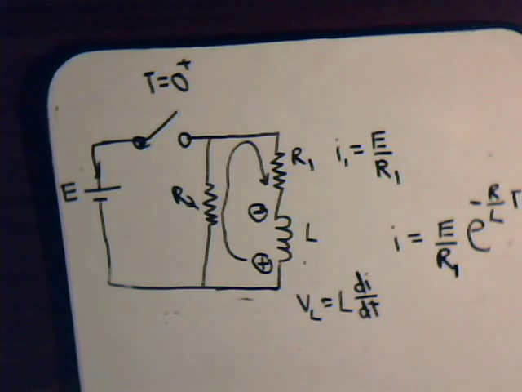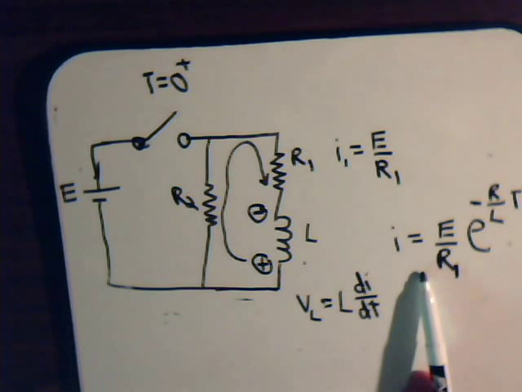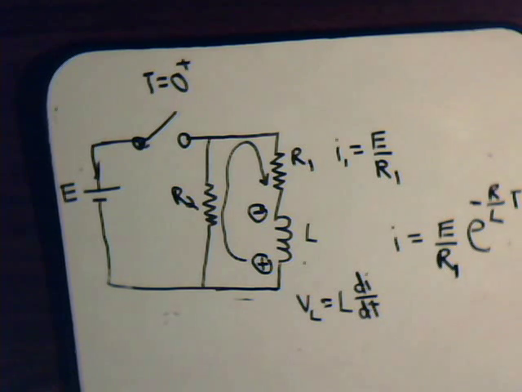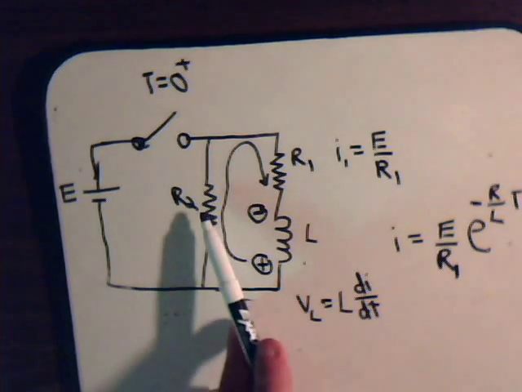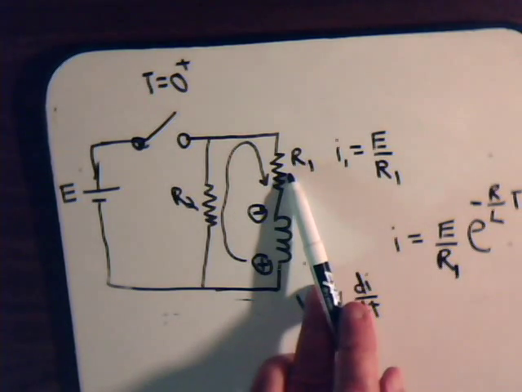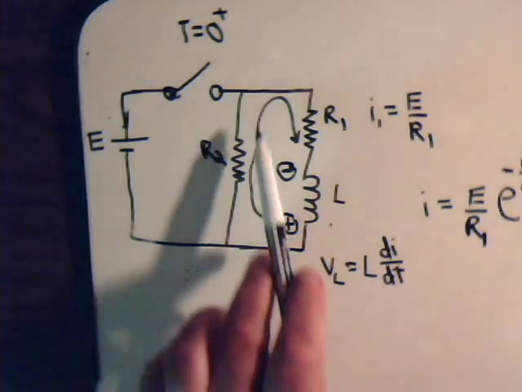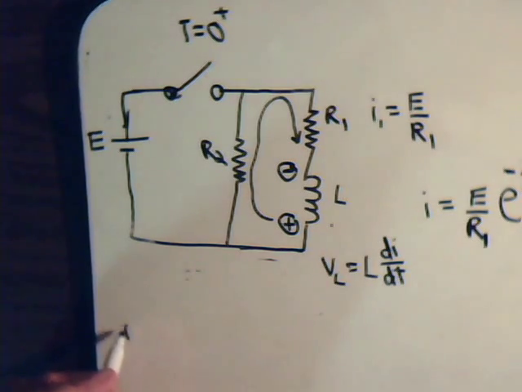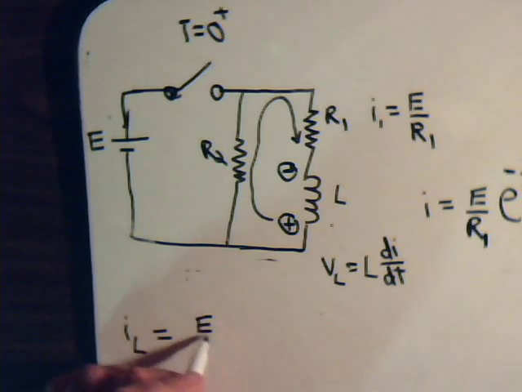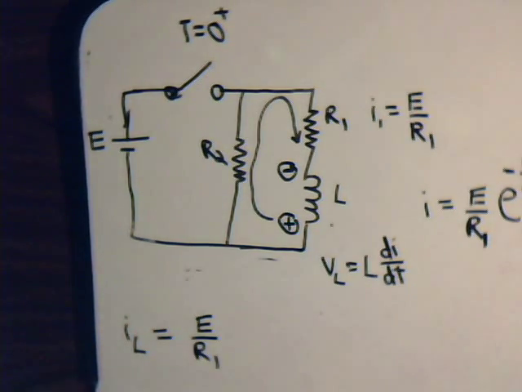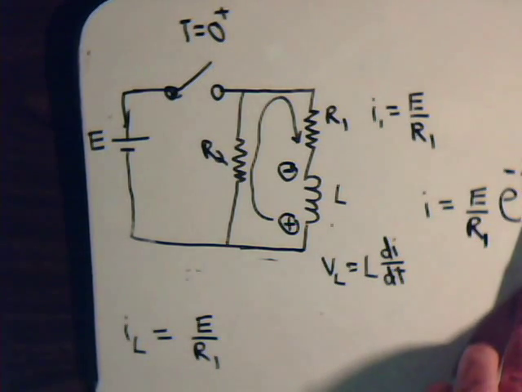Now, this is the general formula for the decay current that we derived in the previous video, except in this circuit, the resistance for the decay current is going to be R2 plus R1. So here, for the current when we have this discharge resistor, the decay current is still E divided by R1, because that's the value of the current just after the switch is thrown.